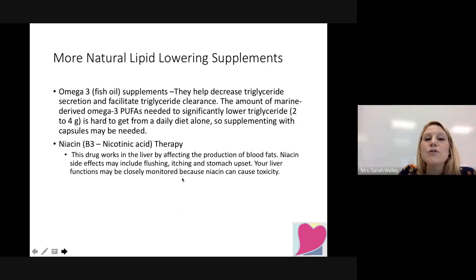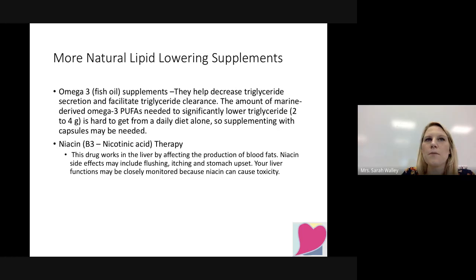Some natural lipid lowering supplements. I added these in because they did ask about these. I don't remember them asking specifically what they were, but they asked what their names were. You'll notice that these two are not on your list for right now for cholesterol and cardiac drugs, but they will be on your list for supplements.